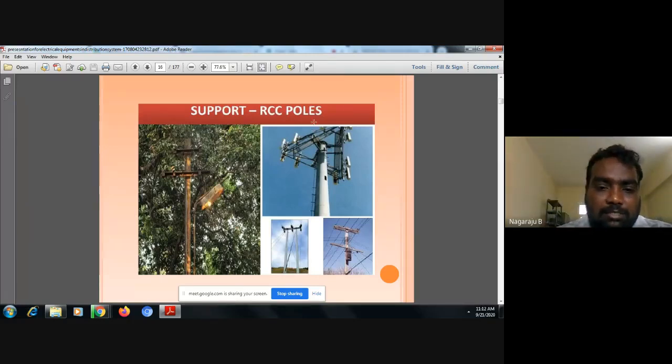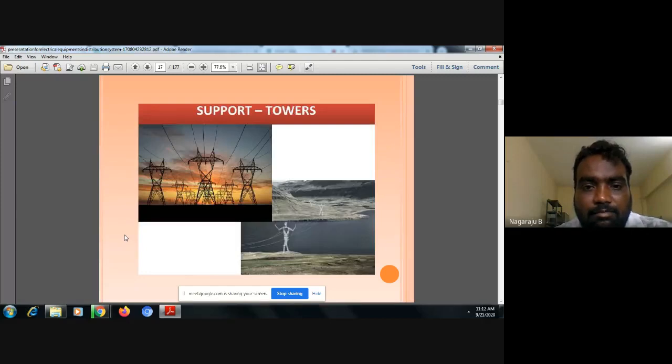You will use this particular type of supports.